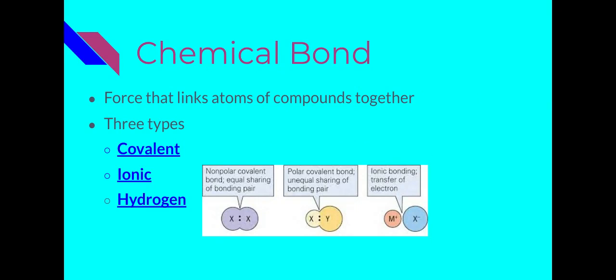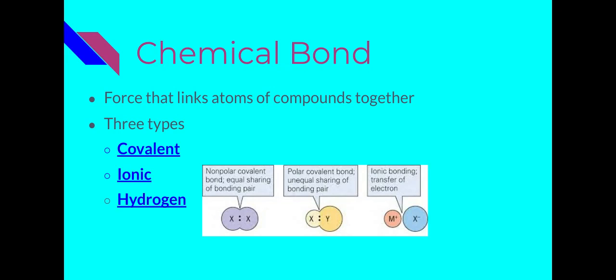Chemical bonds. There are 3 major types of chemical bonds. There's also metallic bonds, but we're not going to talk about those in biology because that's more of inorganic chemistry and it doesn't deal with living things. So a chemical bond is a force that links atoms of compounds together, and there are 3 types: covalent, ionic, and hydrogen.